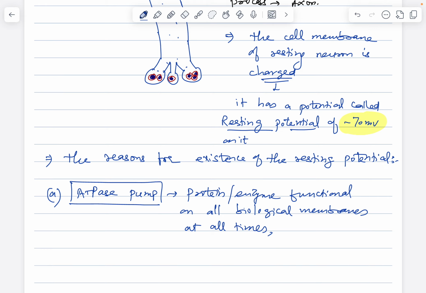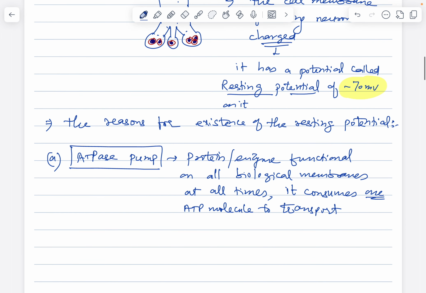And what does it do? It consumes one ATP molecule, and with the energy obtained from this one ATP molecule, the ATPase pump transports out 3 sodium ions and transports in 2 potassium ions.